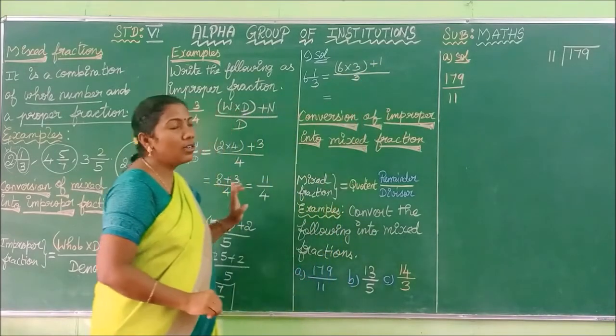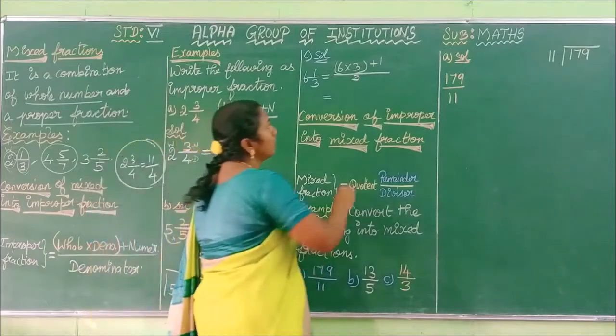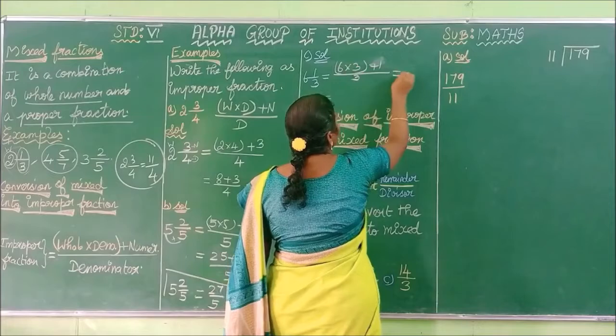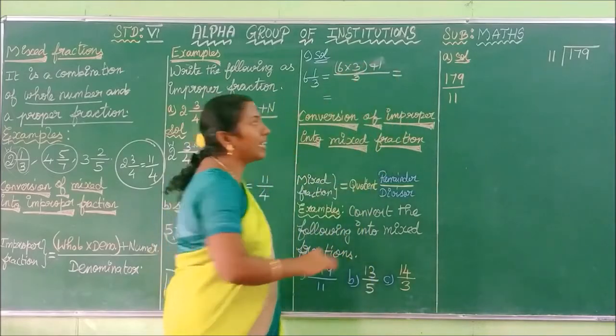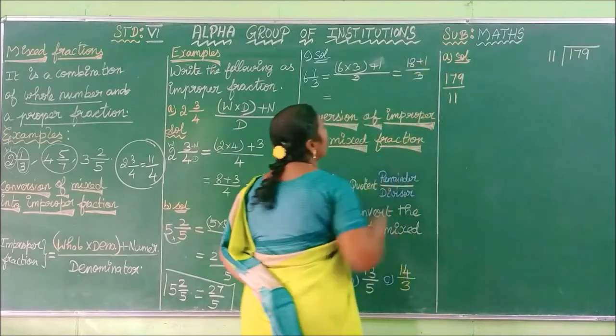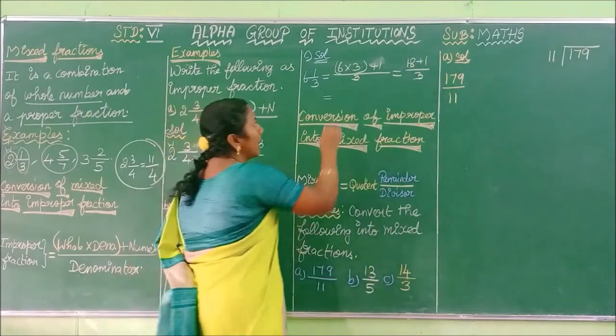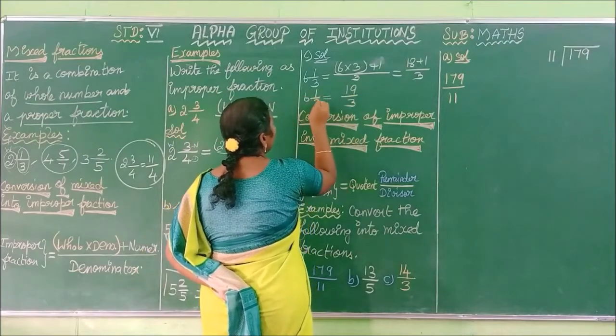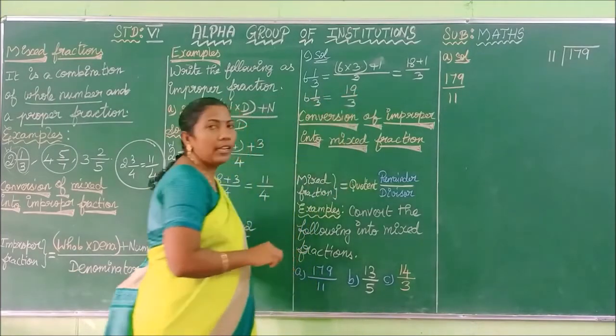Do you understand, children? 6 into 3, 6 3s are 18. So 18 plus 1 by 3. 18 plus 1, what is your answer? 19. So 19 by 3. Thus 6 1 by 3 is converted into 19 by 3.